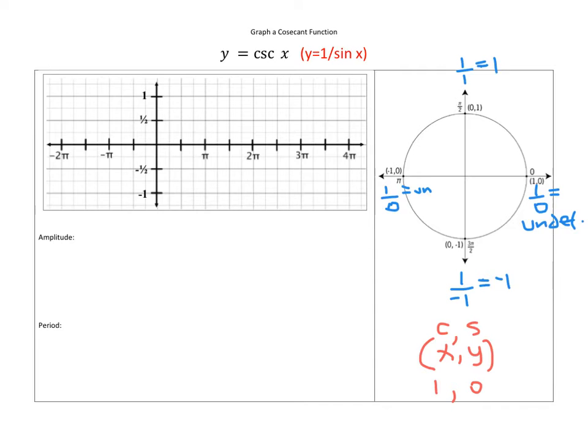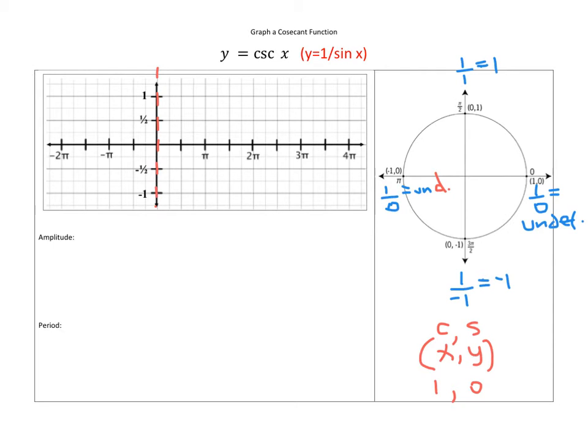Okay, now the next thing is just to take the cosecant values and put them on the graph. I'm going to start with where the graph is undefined, and I see it's undefined at 0 degrees, so I'm going to make an asymptote at that point.